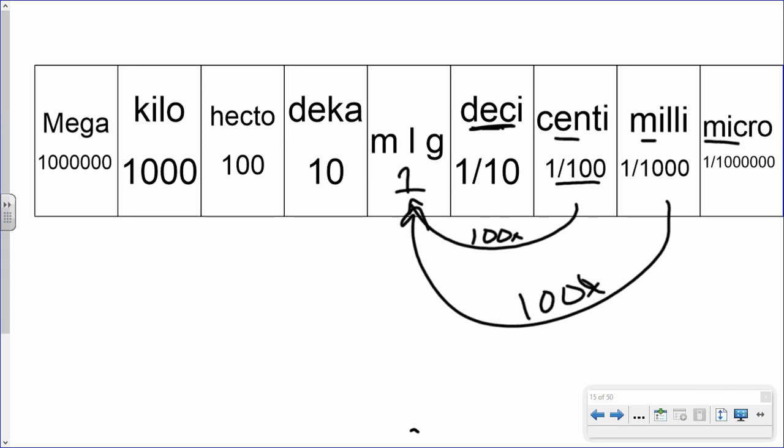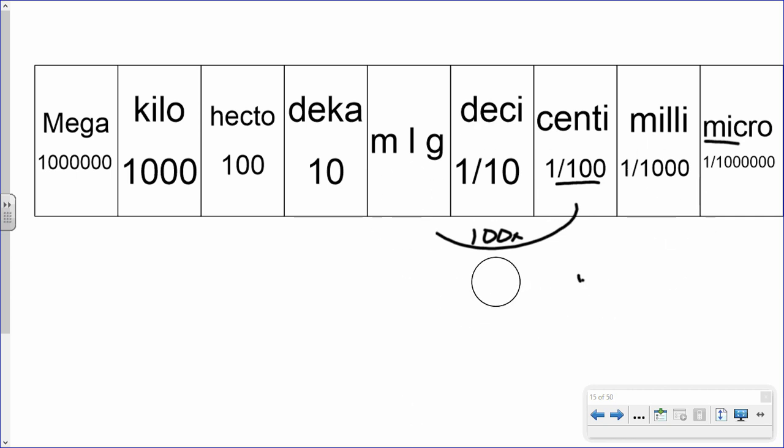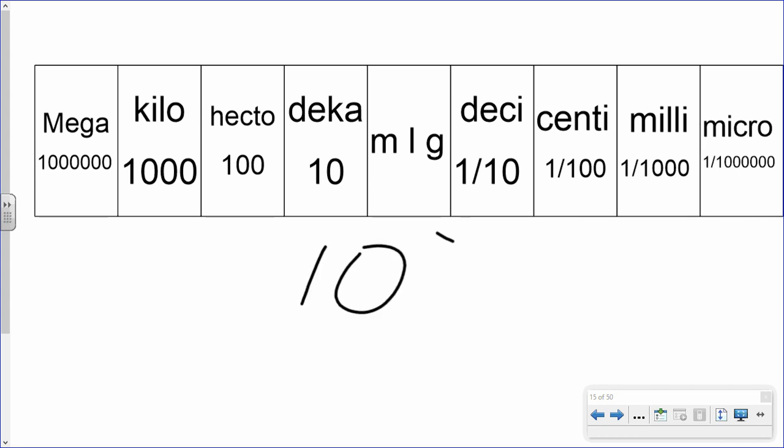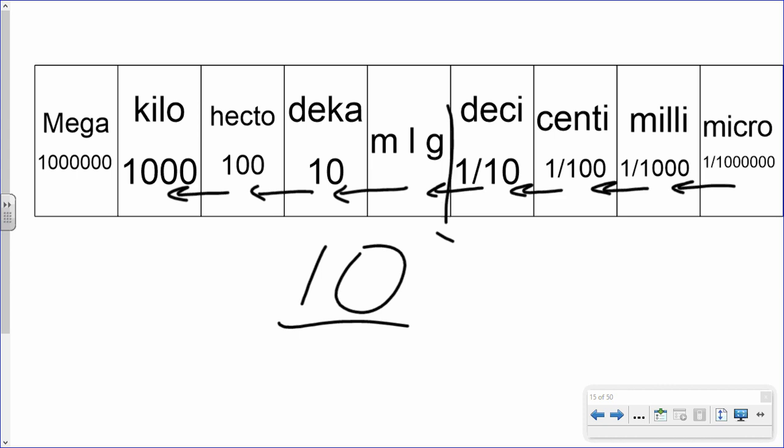So if you look at this a little bit more closely and you digest this, the more we use it, you're going to see that the metric system is all based off of the number 10. Okay? This is 10 times bigger. This is 10 times bigger. So as I move to the left, it keeps getting 10 times bigger. As a matter of fact, it doesn't matter where I'm at. Anytime I cross one of these thresholds, it's a factor of 10.